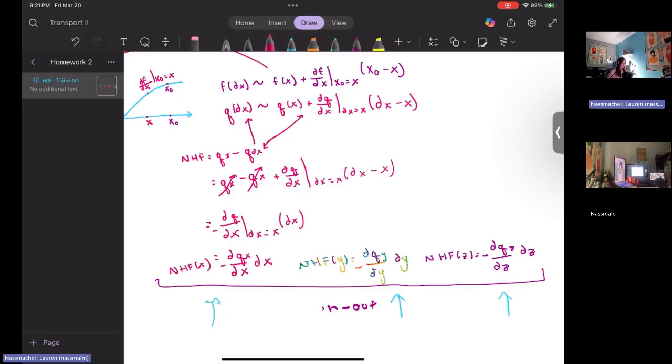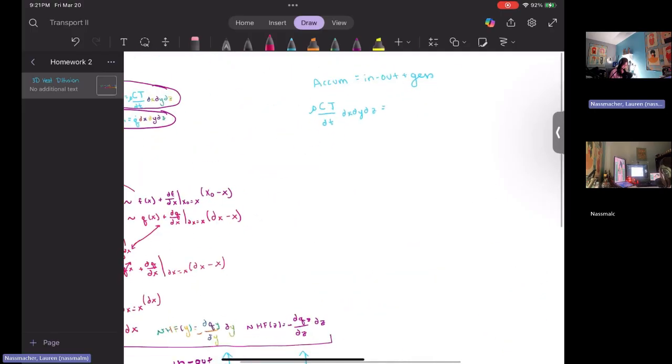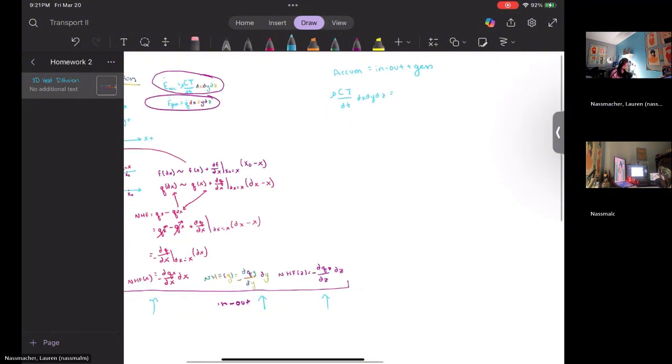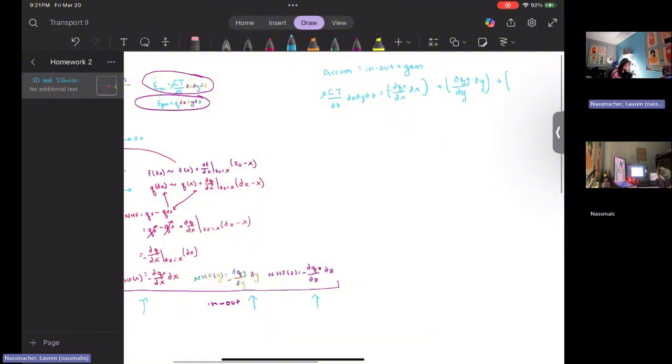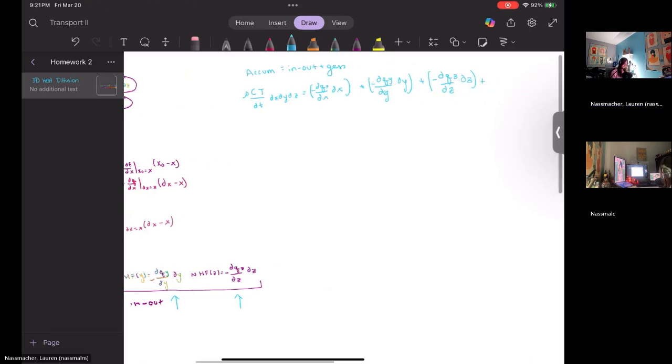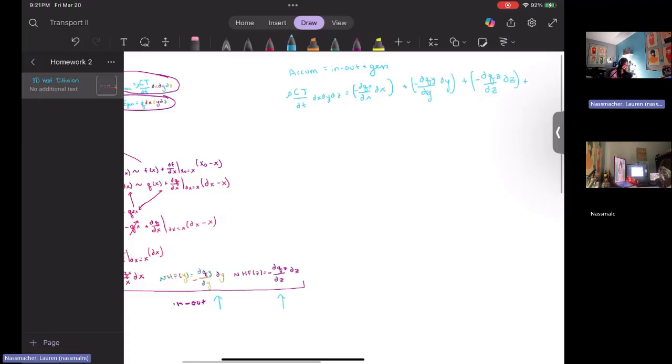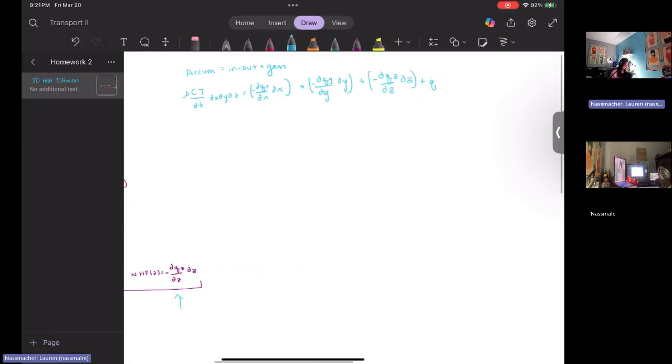So we have our negative change in heat flow at x over our change in x multiplied by our change in x, plus our negative change in heat flow at y over our change in y multiplied by our change in y, plus our negative change in heat flow at z over our change in z multiplied by our change in z. And then we're going to add our energy generated, our heat generated, which is going to be our heat generation multiplied by the volume once again.